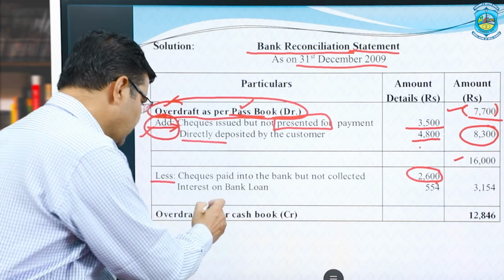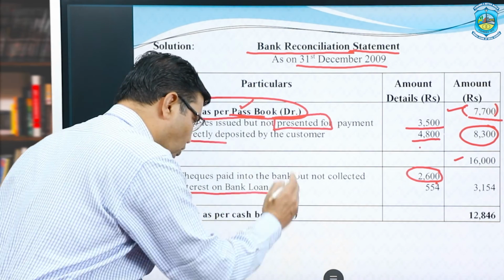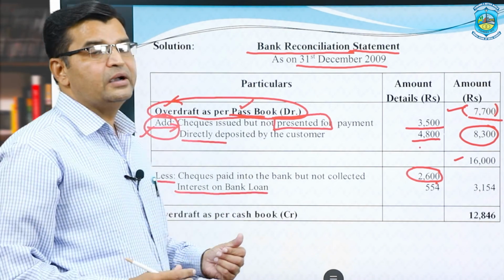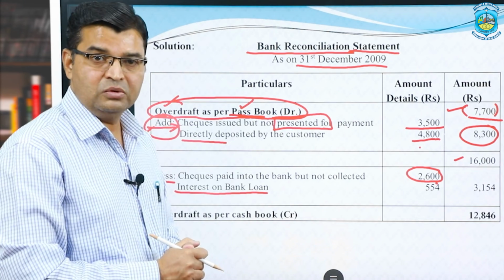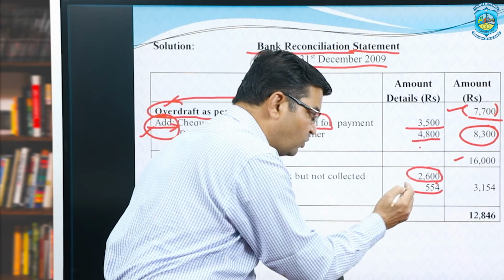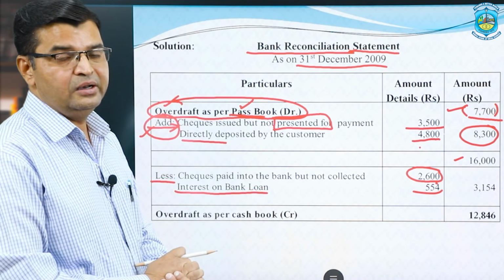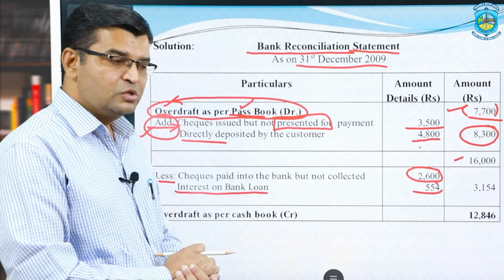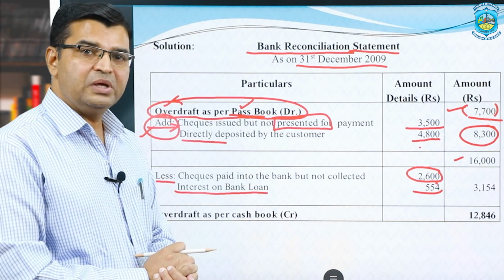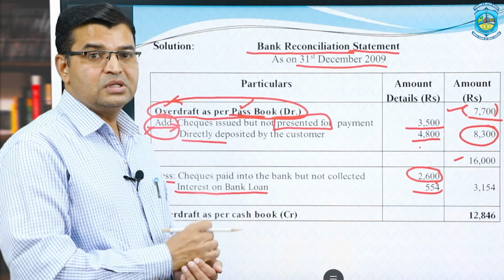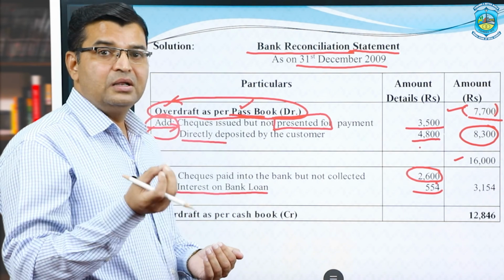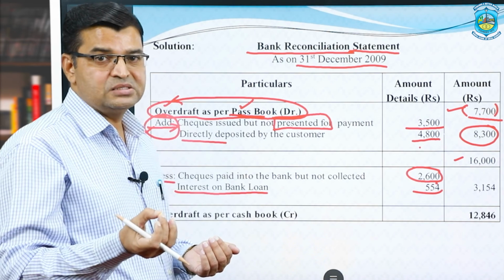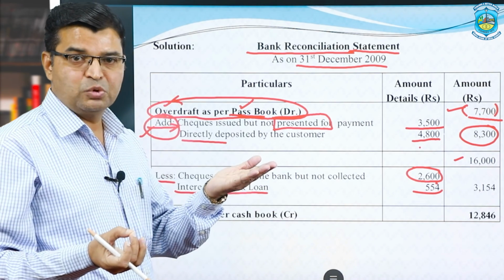Now next is interest on bank loan. Actually this interest on bank loan is being deducted by the bank from our account. Here this 554 rupees has been deducted by the bank from our account. So ultimately the passbook is showing less balance, a reduced balance in comparison with our cash book balance.